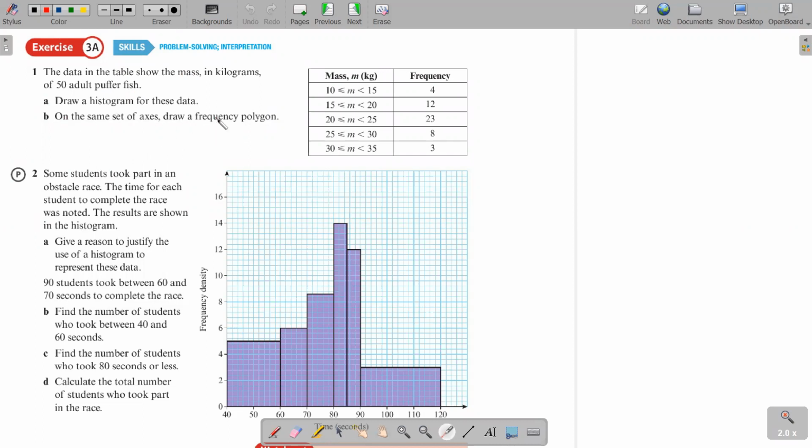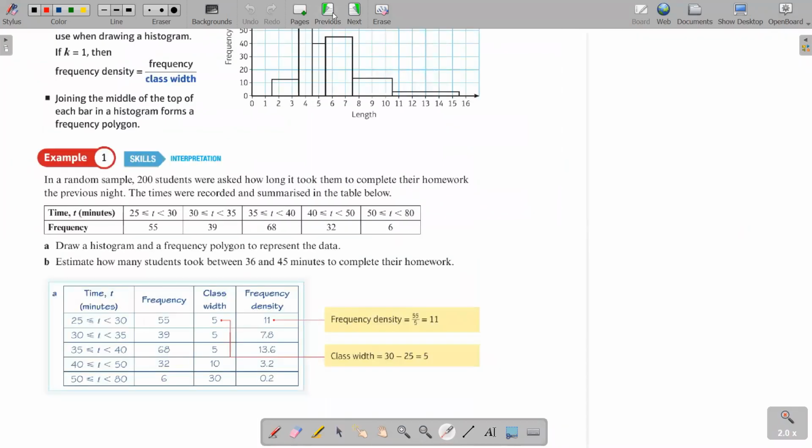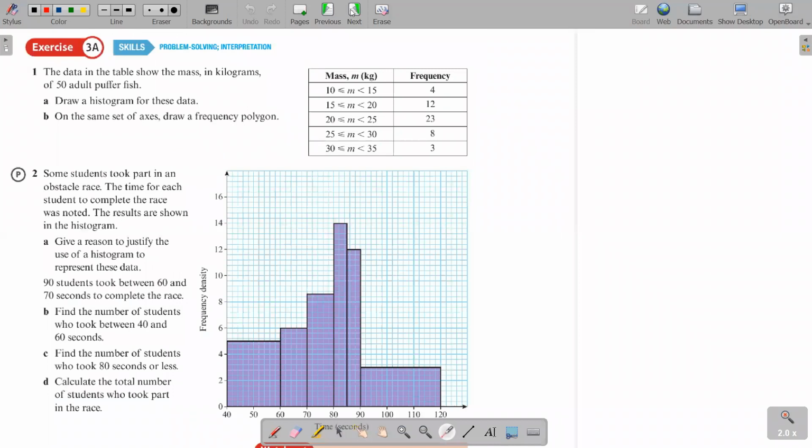On the same set of axes, draw a frequency polygon. Okay, so if you're gonna draw the histogram, in that case, we will actually go with what? We'll go with K equal 1. In the sense, we will go with frequency density equals frequency over class width, because we will be setting the K value now. In that case, in the histogram, the y-axis is the frequency density axis.